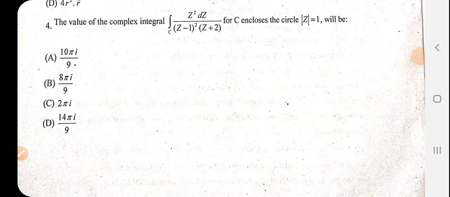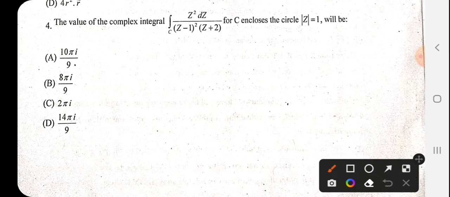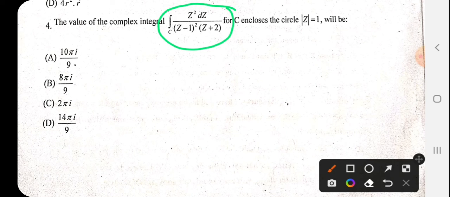Now come to question number 4: what is the value of the complex integral that encloses the circle mod z equals 1, is dash. For any kind of complex integral we solve, first we check the value of z. Here mod z equals 1 means it encloses a circle between plus 1 and minus 1.